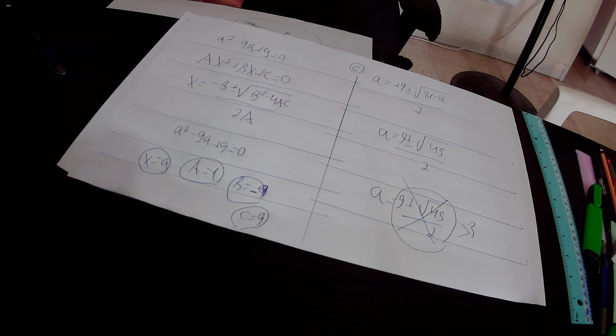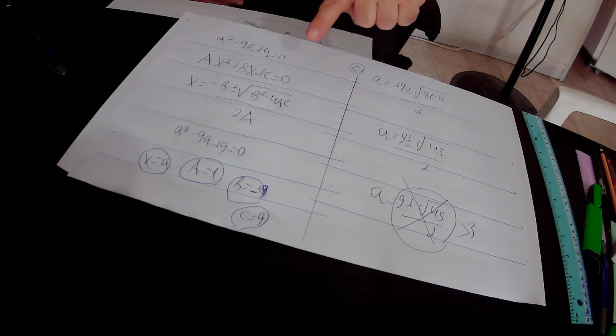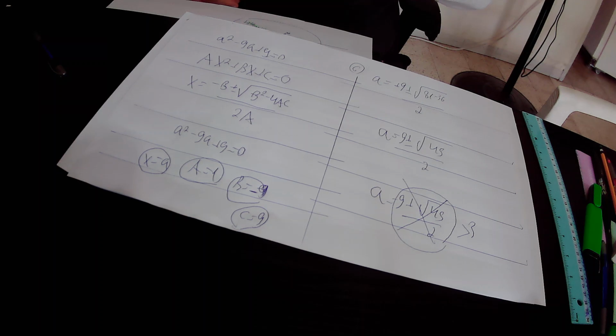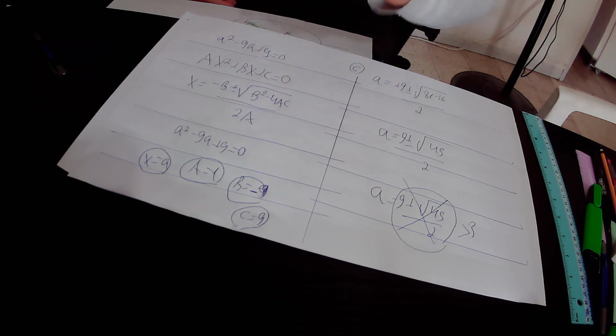The only thing left to do is to put the data from our specific quadratic equation inside this general formula for x, and we will find out the values of a, because the variable that we are looking for in our specific equation is a.